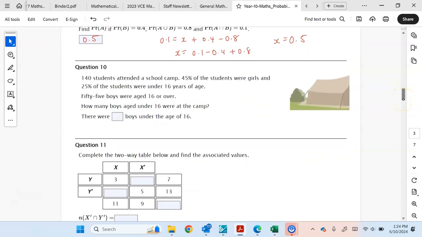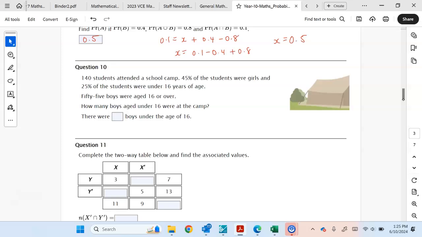All right, question 10. 140 students attend a school camp. 45% of the students were girls and 25% of the students were under 16 years of age. 55 boys were aged 16 or over. How many boys aged under 16 were at the camp? Okay, so let's just do a two-way table because, again, I'm a huge fan.